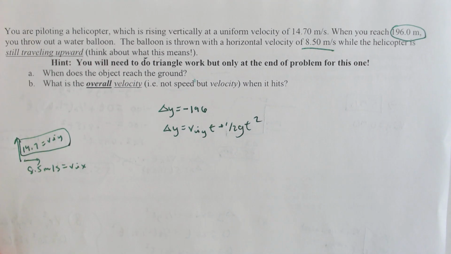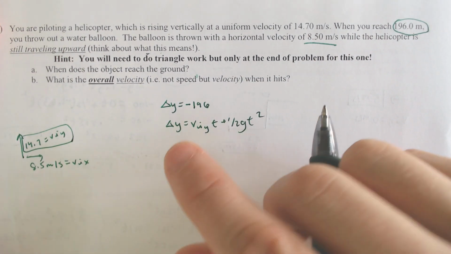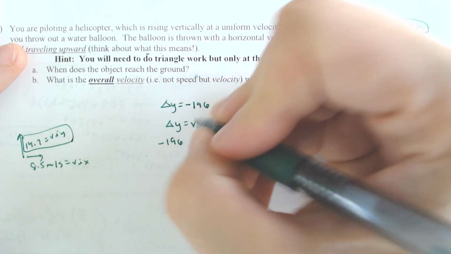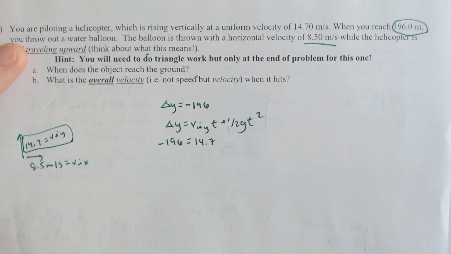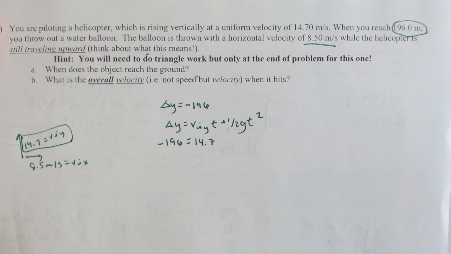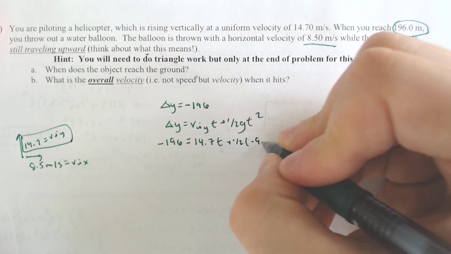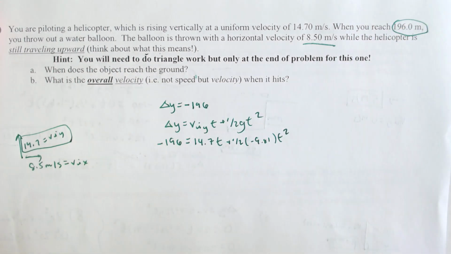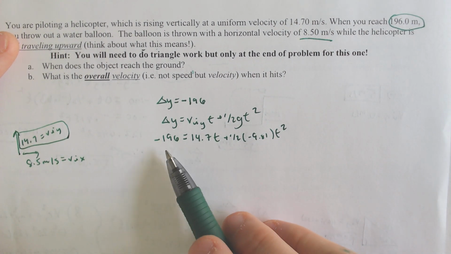It is by far the most popular formula, that one with the delta y or the delta x. Negative 196 equals positive 14.7, because we were going up by 14.7 meters per second, times time plus 1/2 negative 9.81 times time squared. In this problem, we have a time and a time squared and a negative 196.